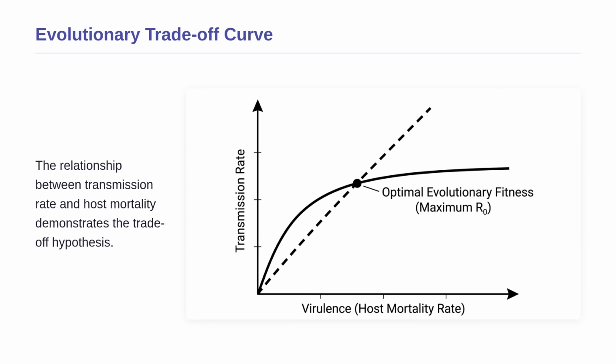This shape shows diminishing returns. The distinct point labeled on the curve represents the optimal evolutionary fitness, where the basic reproduction number is at its absolute maximum. It visually demonstrates that infinite transmission is impossible without killing the host too fast.